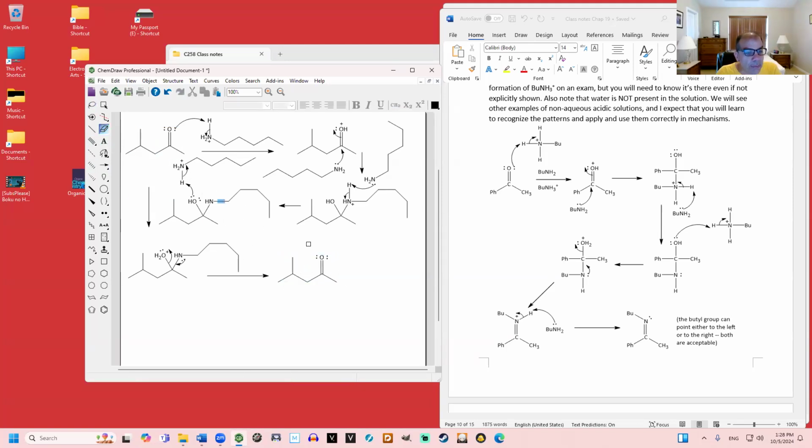And so we now have this nitrogen protonated.